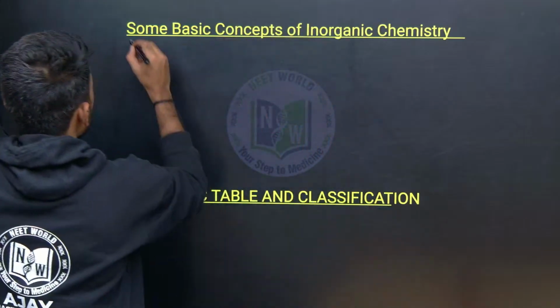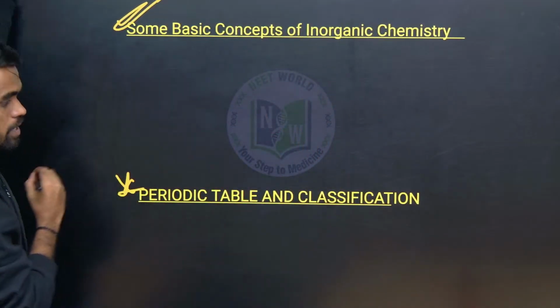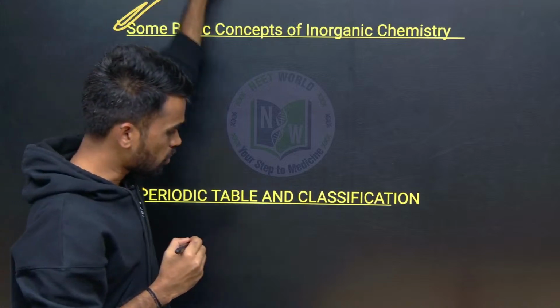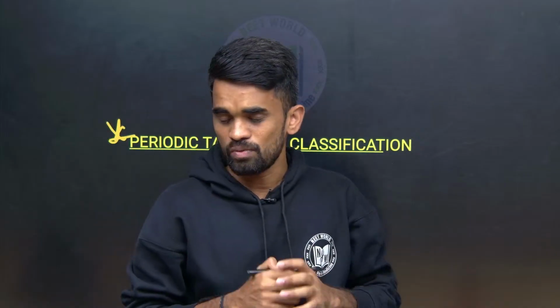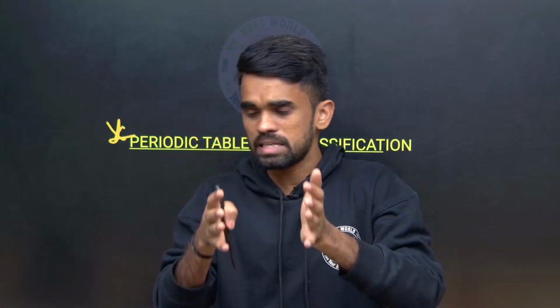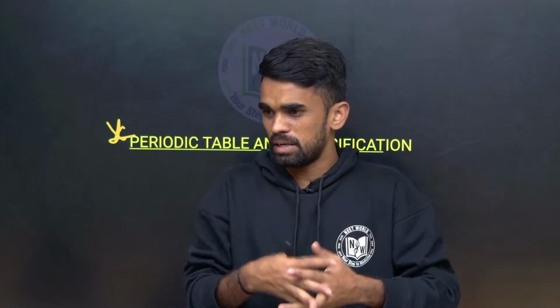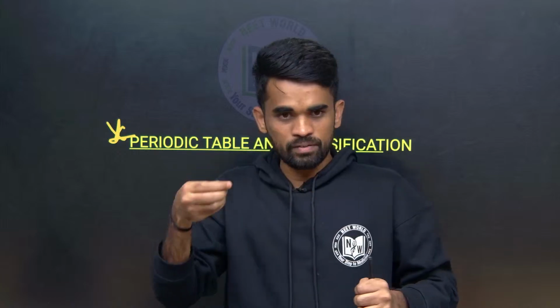Yes. Now let us start our topic, periodic table and its classification. Why do we need to make a table of these elements? What is the periodic table? It is a systematic arrangement of elements, where elements having similar properties are arranged together. But what is the requirement of doing that? When we go to a library, if the books are arranged randomly, it is very difficult to take the one which we require.